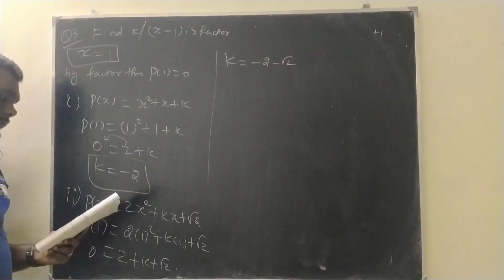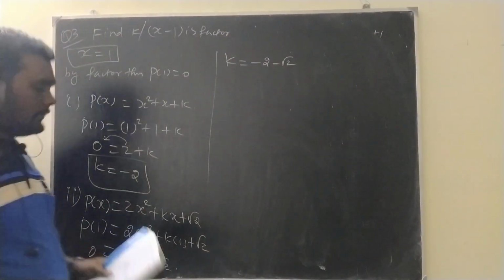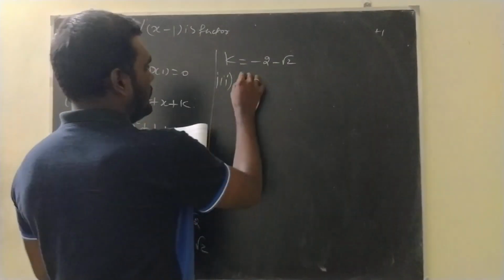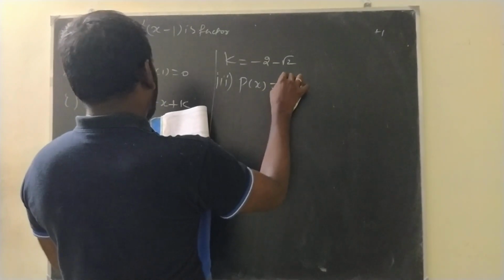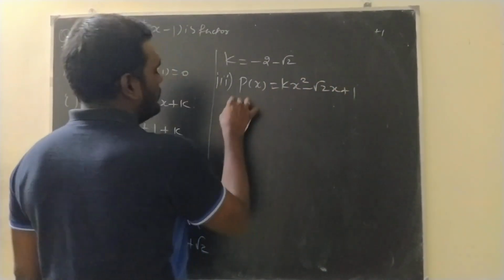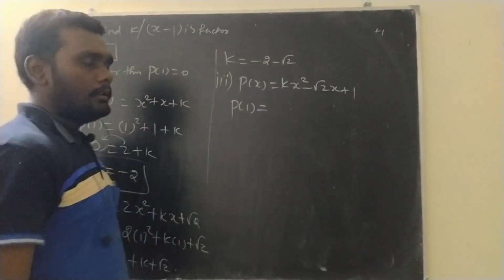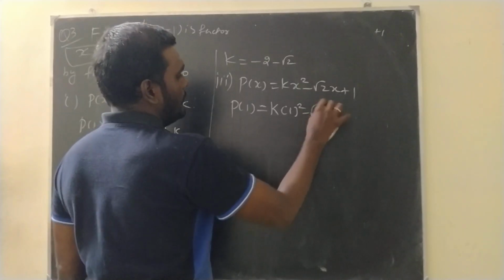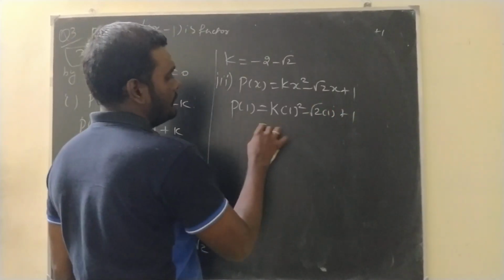Okay, and then third subdivision. The given p of x is kx square minus root 2x plus 1, and we have to calculate p of 1, that is k into 1 square minus root 2 into 1 plus 1.